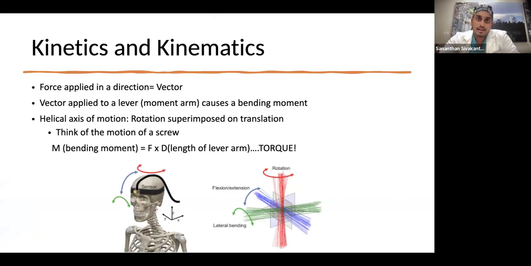Talking very briefly about kinematics and kinetics, a force applied in a direction results in a vector, and a vector can be applied to a lever or a moment arm that causes a bending moment. Essentially, think of the motion of a screw. There's a bending moment and a force applied to that moment over the length of the lever arm, and that results in torque.